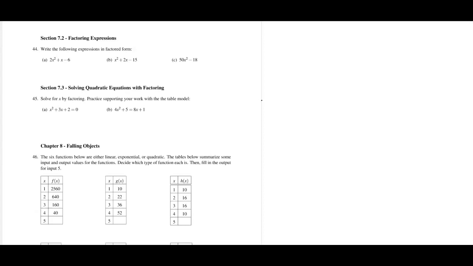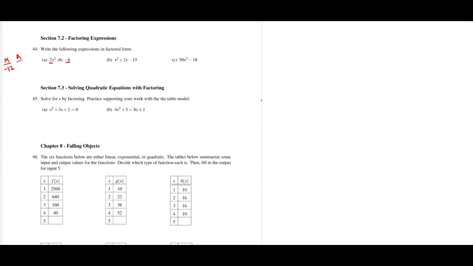And so remember that when our leading coefficient is not 1, we can't just write down our parentheses and go from there. We actually have to multiply the first and last term together. So we're thinking to ourselves, what multiplies to be negative 12, and adds to be a positive 1?